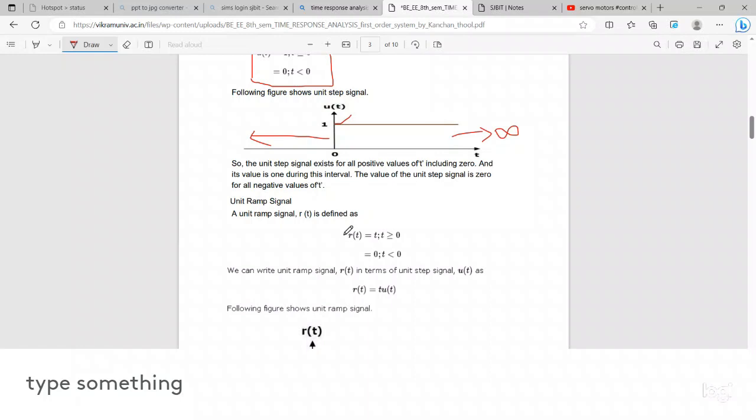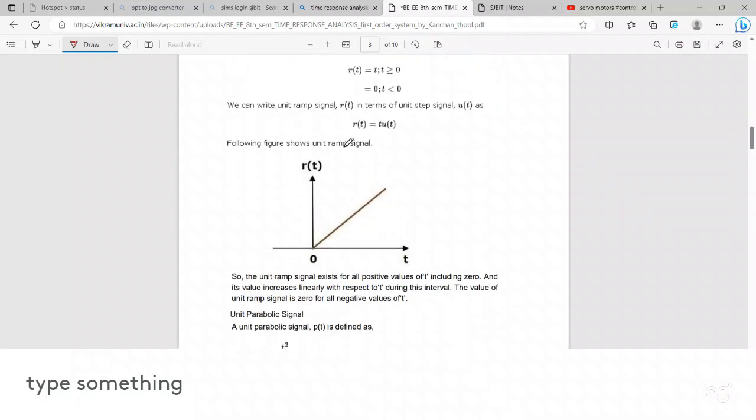Then the unit ramp signal: r of t is equal to t for t greater than or equal to 0, and 0 for t less than 0. The representation is r of t equal to t into u of t.